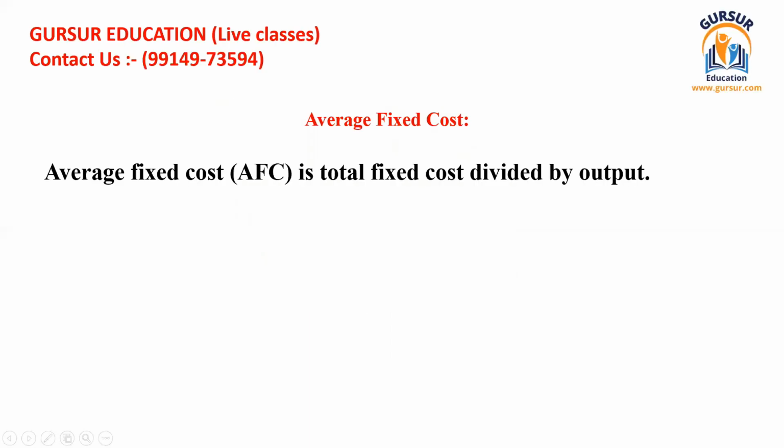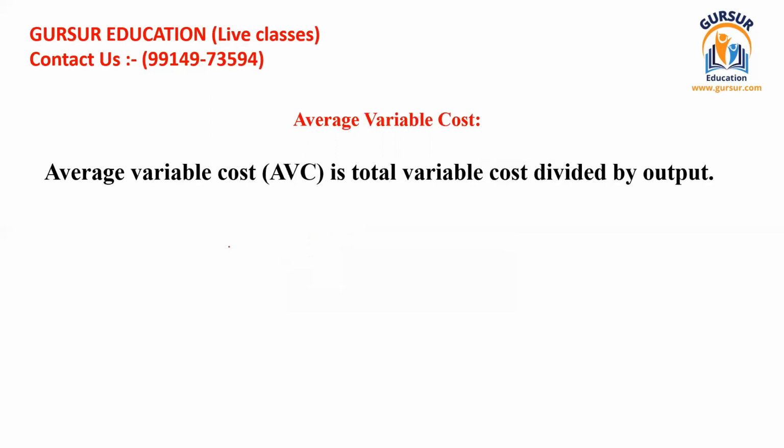So I hope you would have got an idea of what total cost, total variable cost, and total fixed cost are. So moving further, we have to talk about average fixed cost. What is average fixed cost? When you divide the total fixed cost by the units of output, whatever you get is known as your average fixed cost. In the same way, when you divide your total variable cost by the units of output, whatever you get is known as your average variable cost.